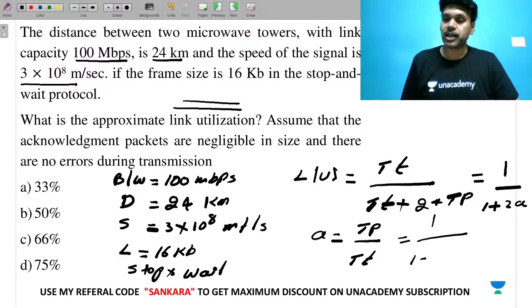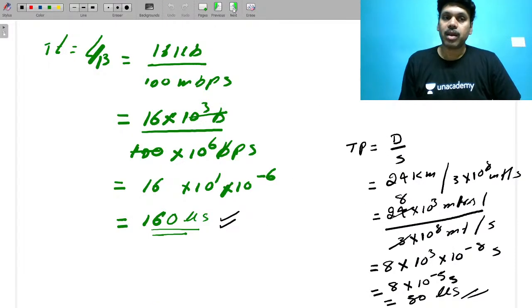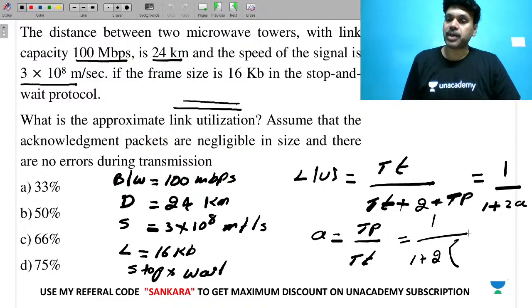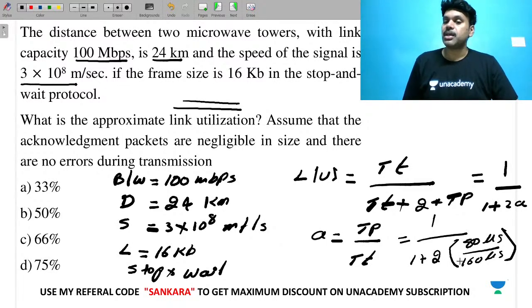So 1 by 1 plus 2 into, what is the TT? 160 microseconds. So 80 microseconds divided by 160 microseconds, which is finally 1 by 1 plus 1, which is 0.5. It is nothing but 1 by 2, which is 50% efficiency.